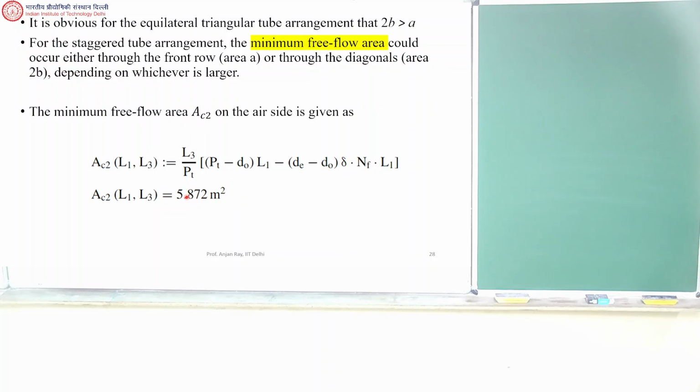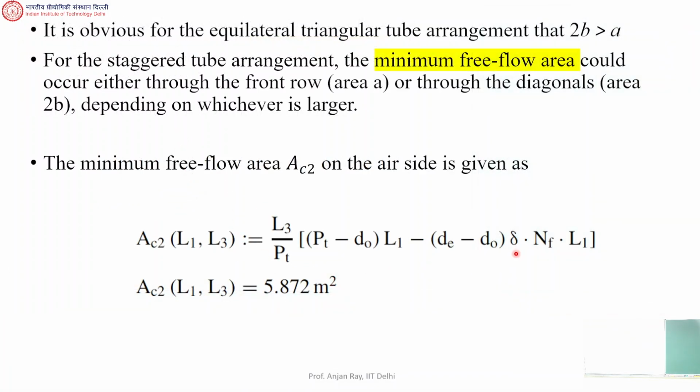Actually, it looks like a column, but we call it a first row. Okay, so that's L3 by PT, and then if there were no fins, then it would be just L3 over PT multiplied by this. But we have the effect of fins, and this is dE minus dO.